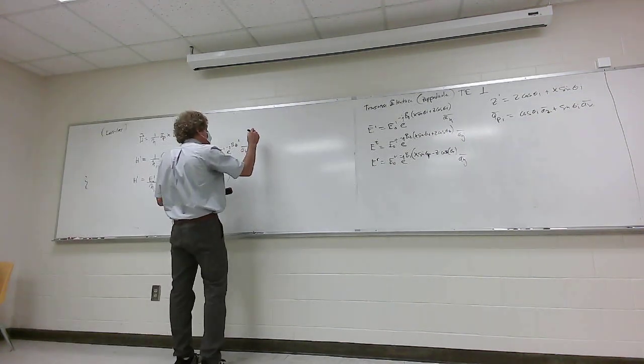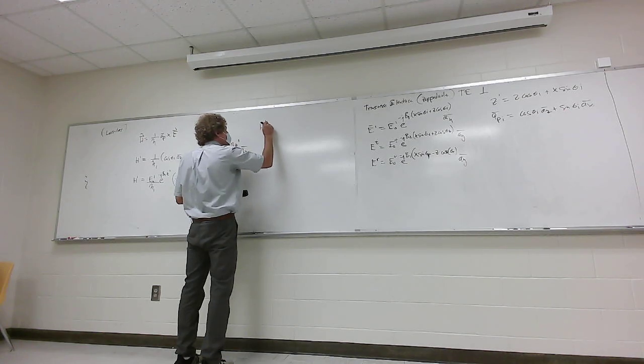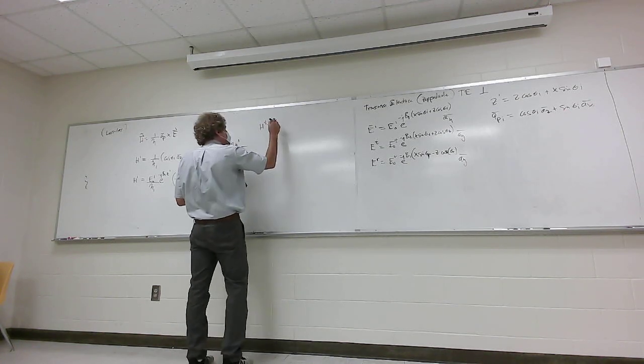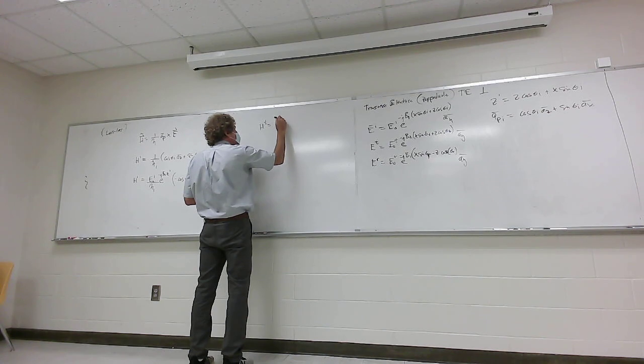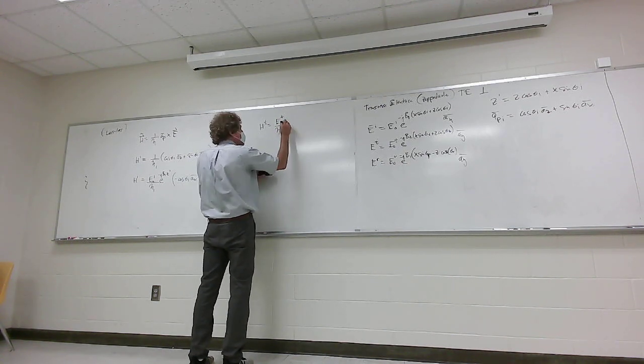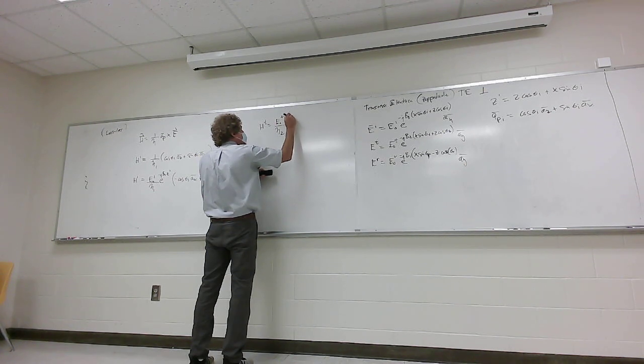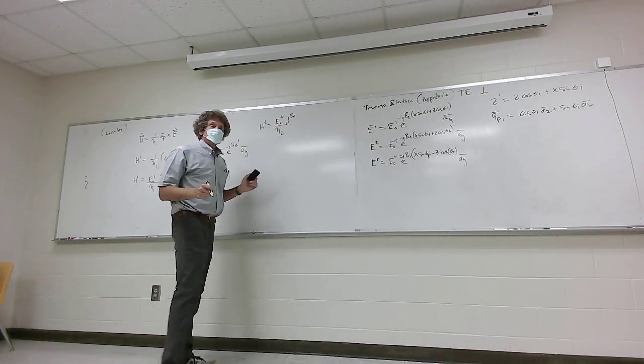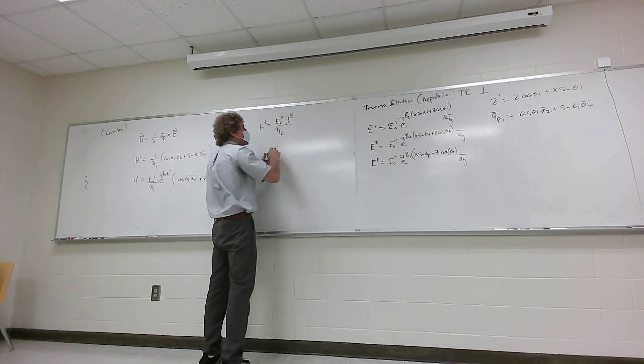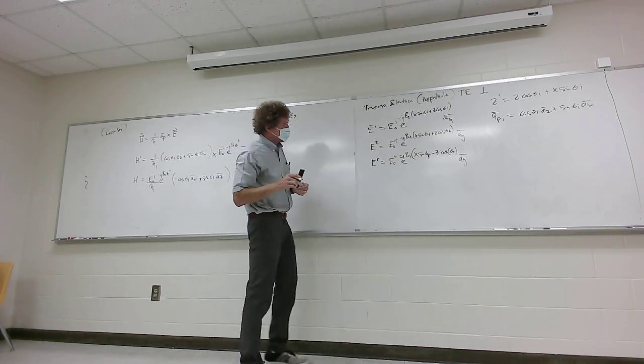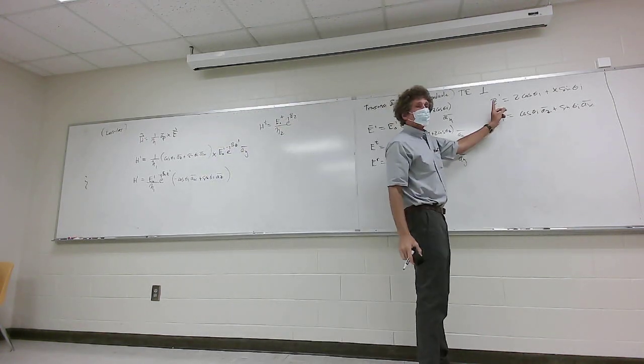So when I take a look at H transmitted, it'll be equal to that basic form. It'll be E naught transmitted over eta 2 now. It's going to be E to the minus j beta 2. Here's where I have to be careful. I called this Z prime, right?